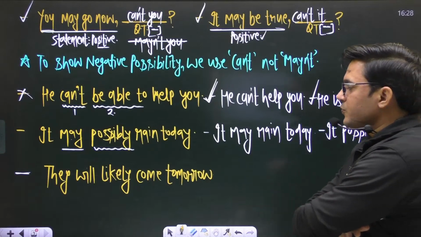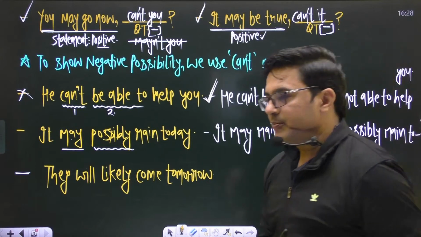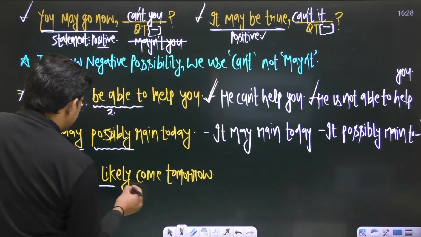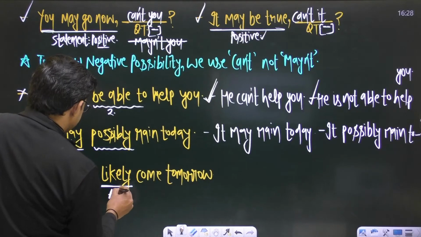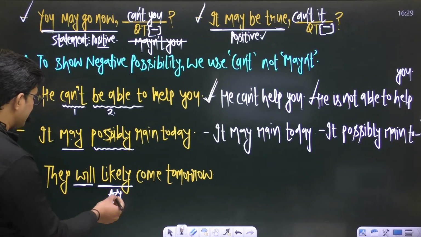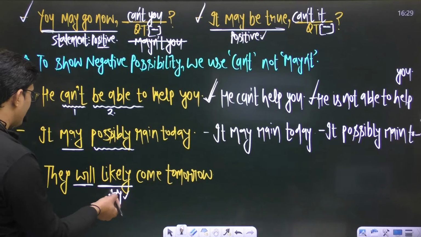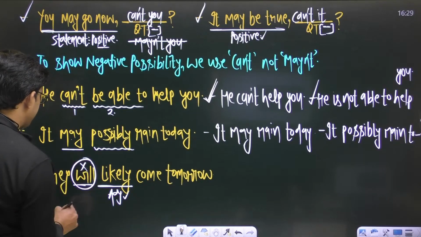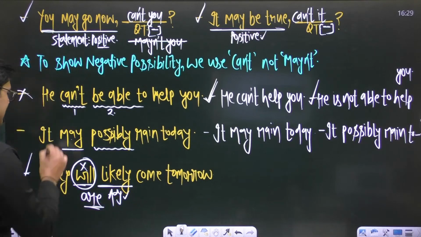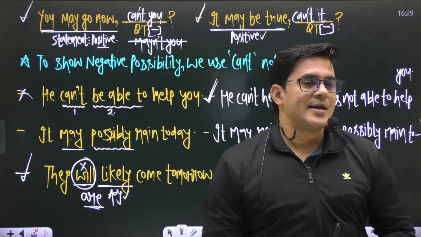In this sentence we are talking about possibility, but make sure this word likely is a complement. This is an adjective, and a complement can't be used after a modal auxiliary verb. Actually, we use a complement after a linking verb or any form of be base verb. So to make this sentence okay, the sentence will be like, they are likely to come tomorrow. This sentence will be fine.